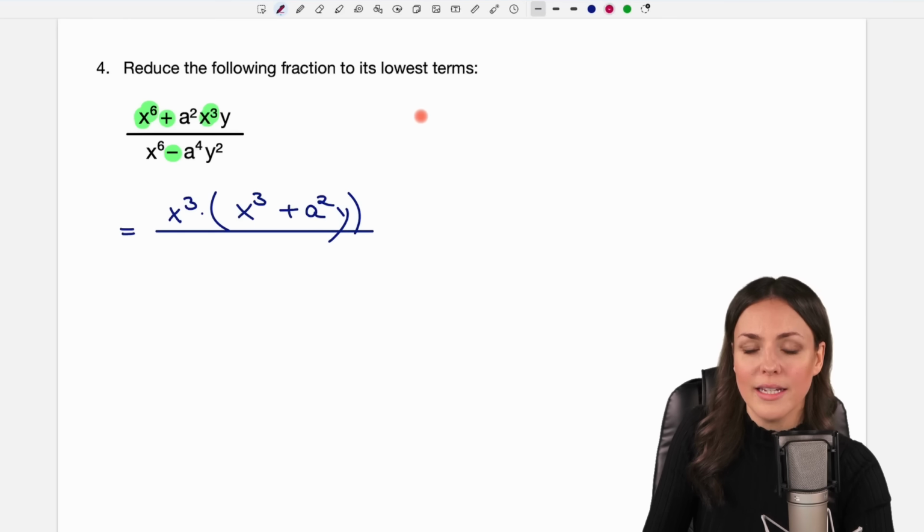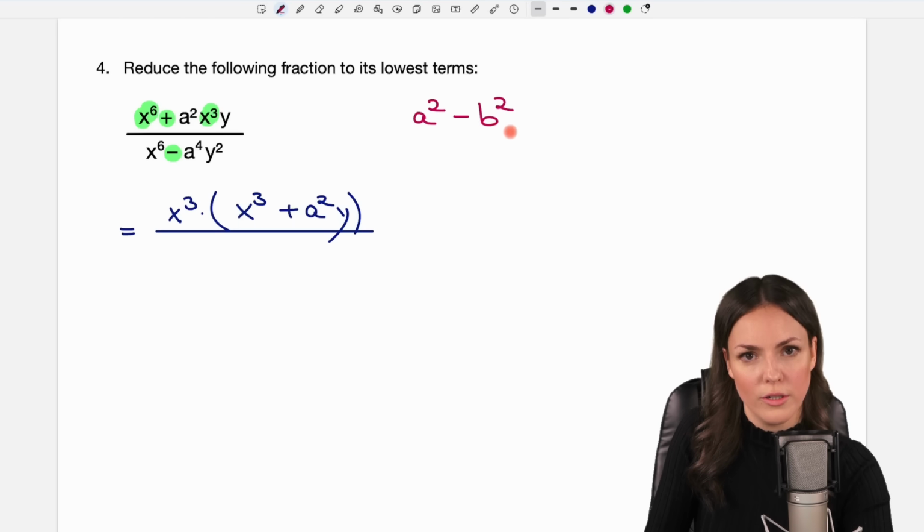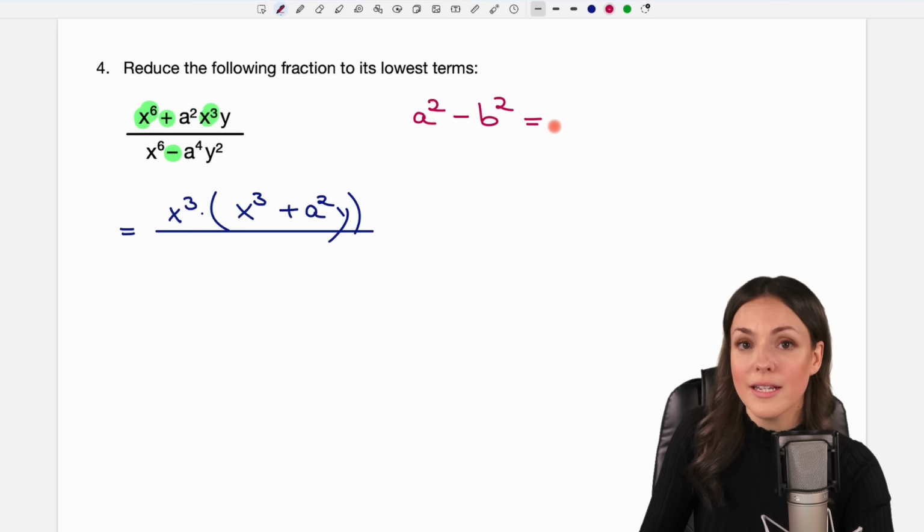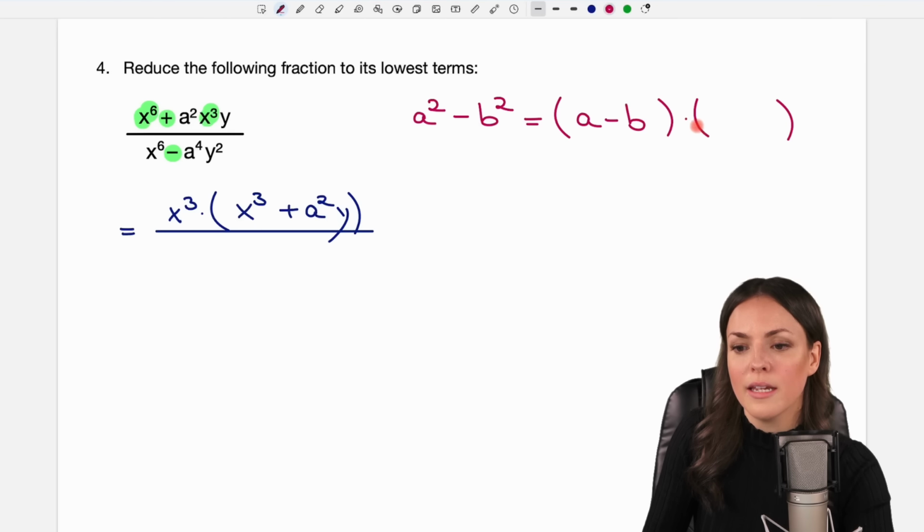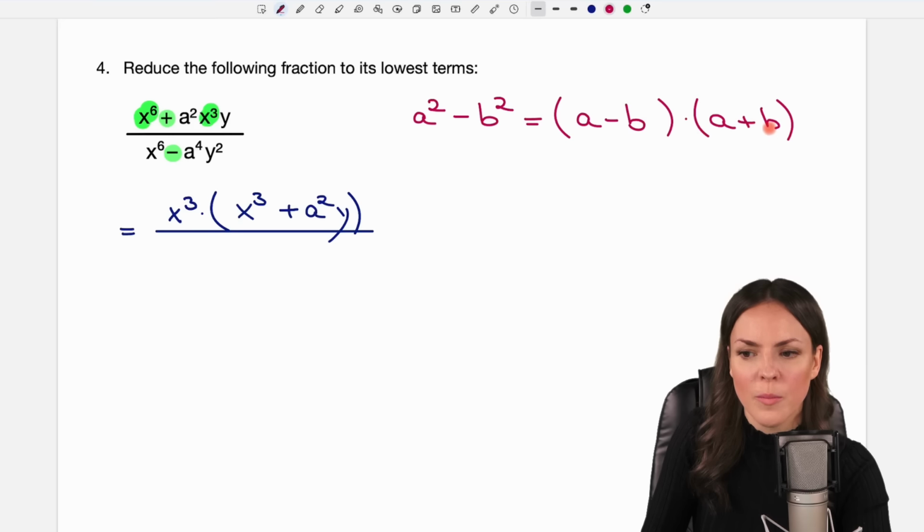So something like a squared minus b squared. Difference of squares, because there is a form how to write this as a product, and it looks like a minus b times a plus b.